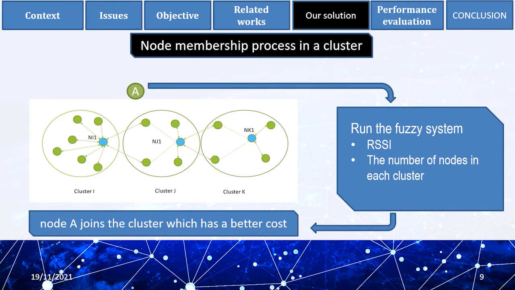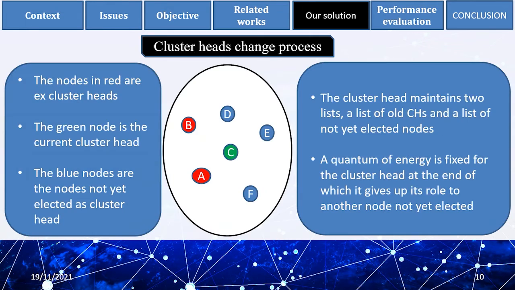After that, it sends a membership message to its cluster head. This message contains all its information. For the cluster head change process, in our solution, the cluster head function is split in turn.